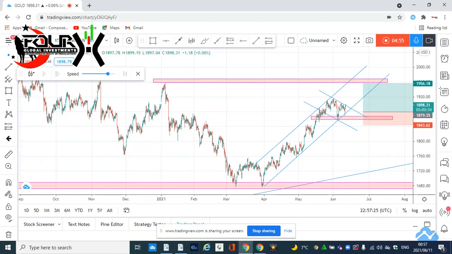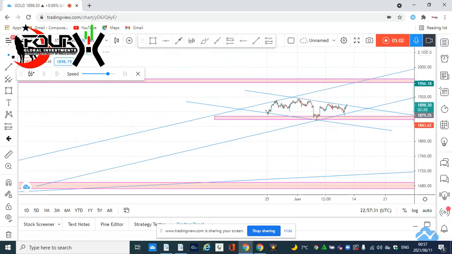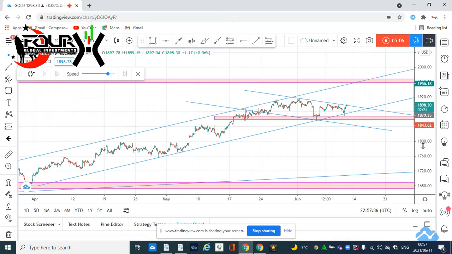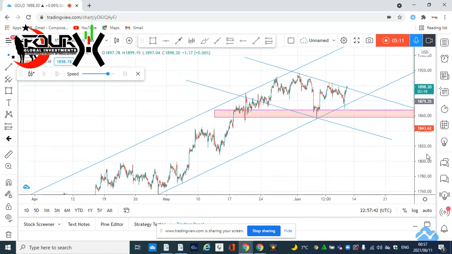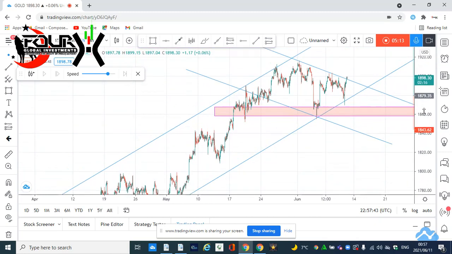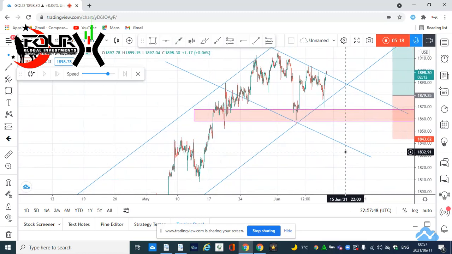But let us take it to the third level to be able to see these potential entries that we're talking about. Remember, the first structure, when we were finding the outer structures, is where we were looking for the structural time frame.